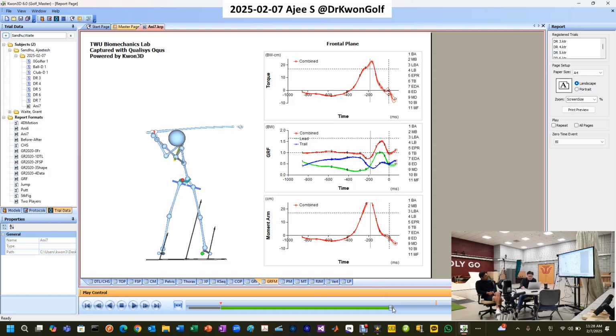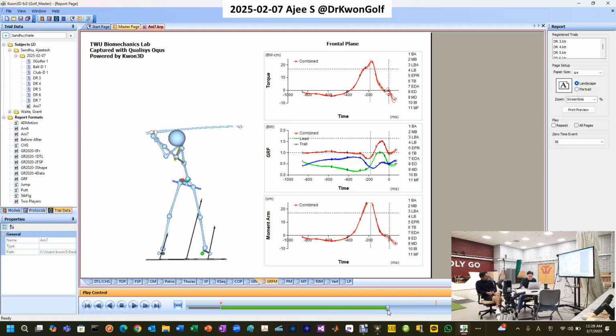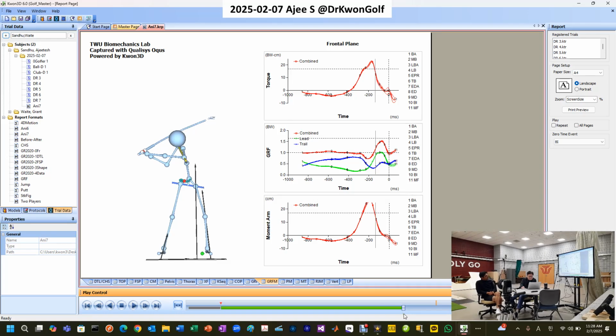But the problem is, after this peak, it quickly decreases here. So you're losing the moment arm quickly, and then the torque quickly here. So at this stage, when the lead arm becomes parallel to the ground, at this point you should have the force going vertically, so that you have a bit longer moment arm here.